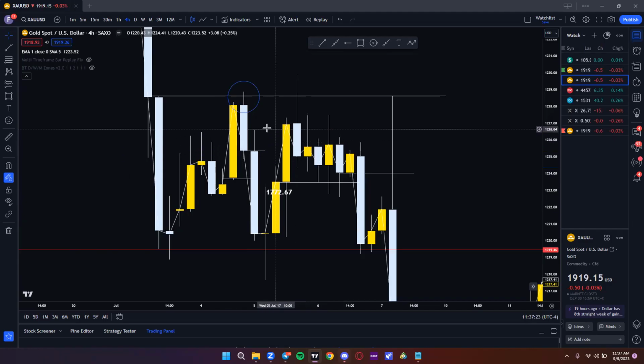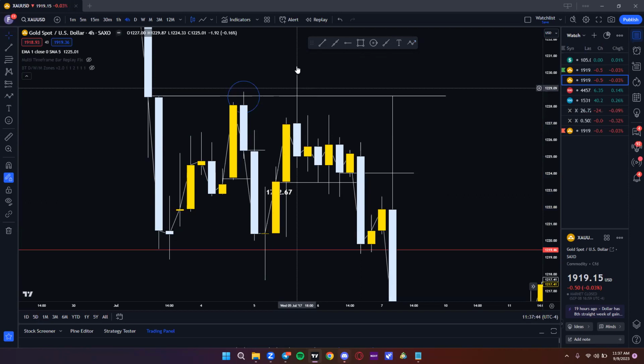And then with time and price, which we will also go over in multi-time frame, you will see that, okay, it broke out. Your terminology would be that any pushback up would be a pullback.